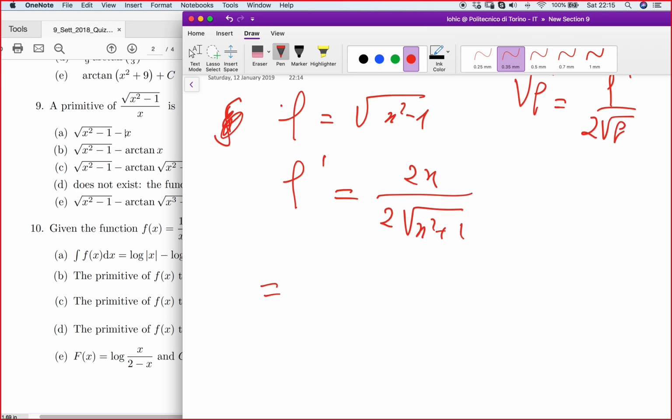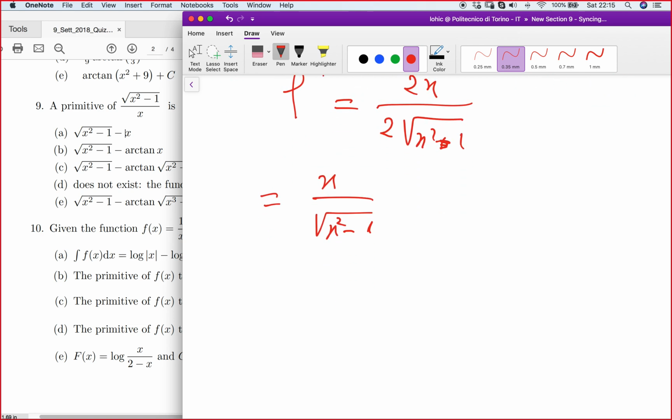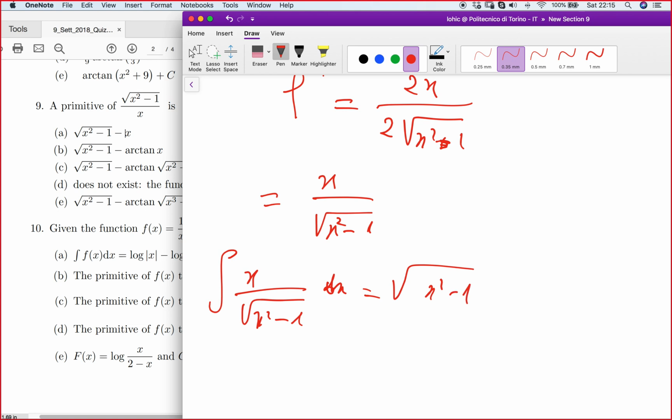And thus it will be x over root of x squared minus 1. Thus if I integrate x over square root of x squared minus 1 in dx, I will get square root of x squared minus 1. So this is important to know.